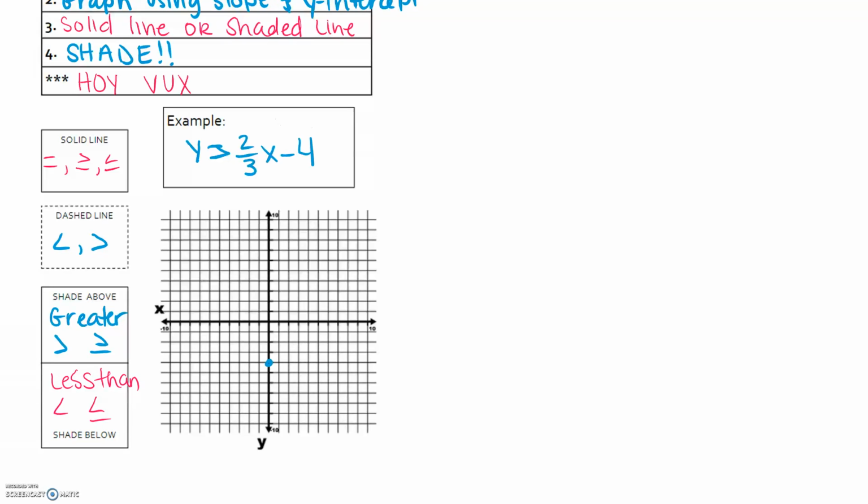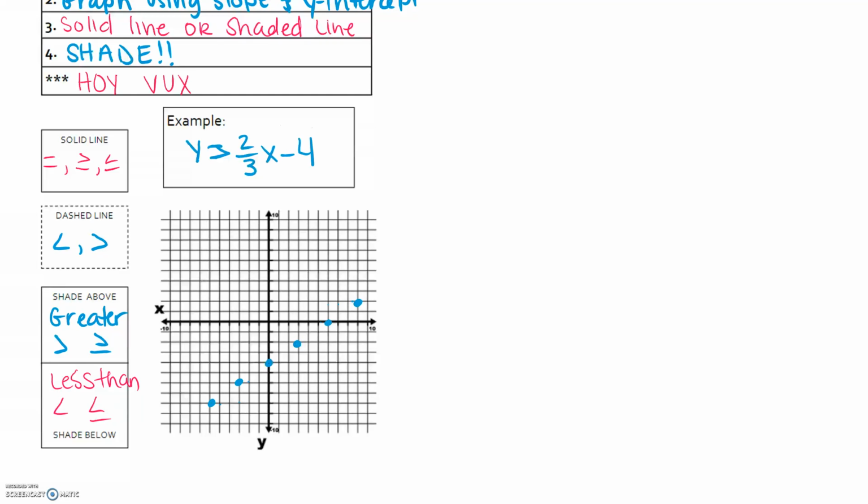Then I'm going to use my slope, which is 2/3, and rise over run tells me that I'm going to rise 2, run 3, up 2 over 3. And I can do the same thing in the downward direction, down 2 over 3.